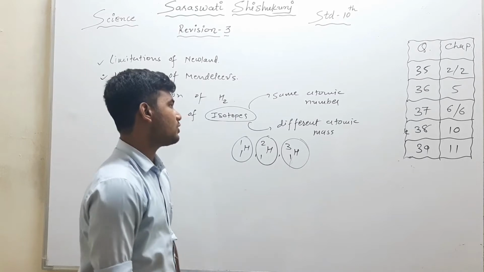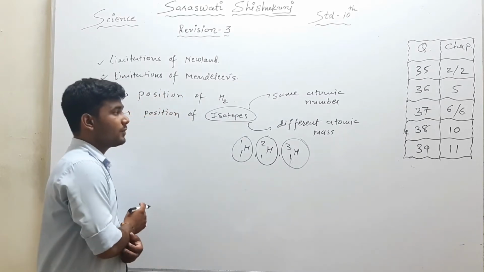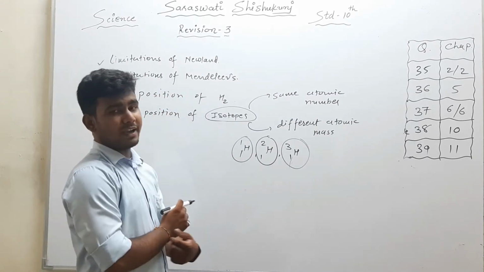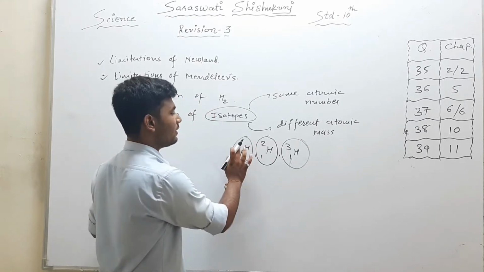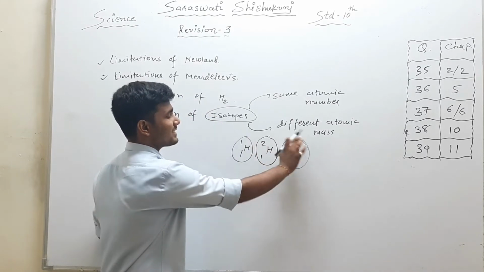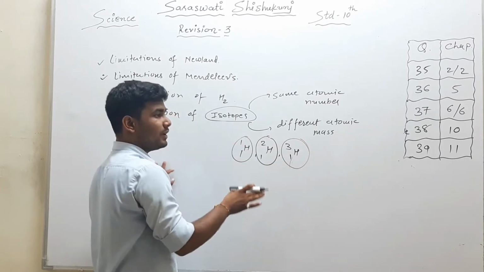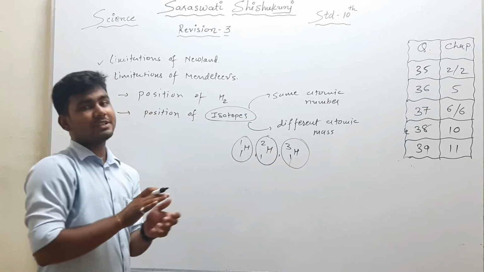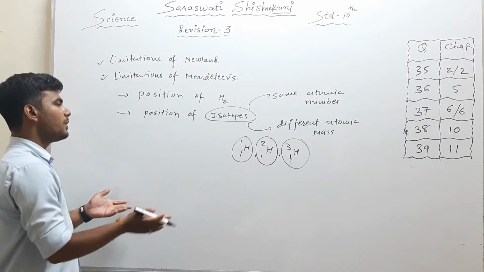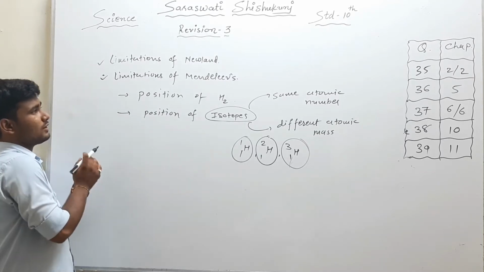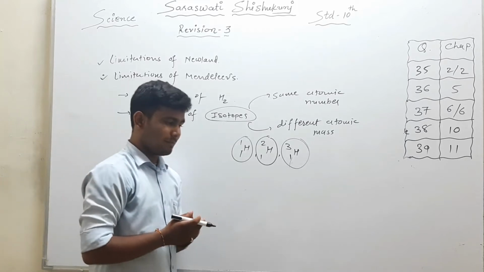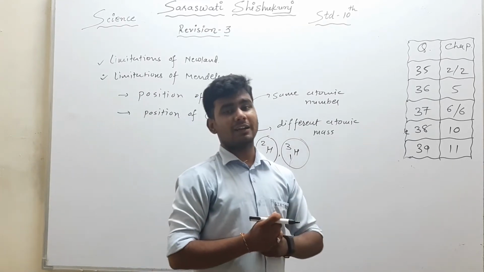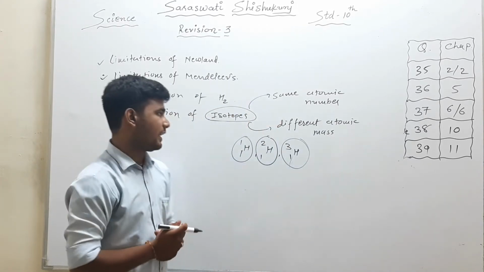These are isotopes of hydrogen. As we know, Mendeleev's periodic table was related to atomic mass. Here, for each isotope the mass is different, but the element is the same. So where to keep these elements was a question mark, not explained by Mendeleev's law for its periodic table. So that is also a limitation of Mendeleev's periodic table.